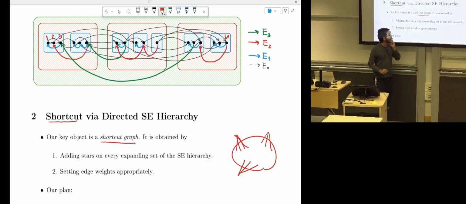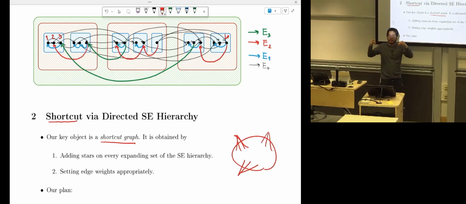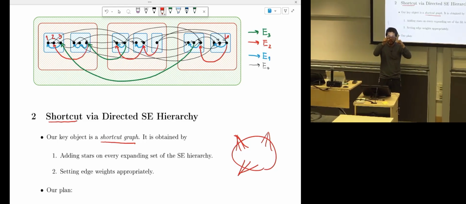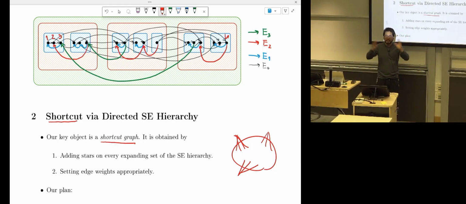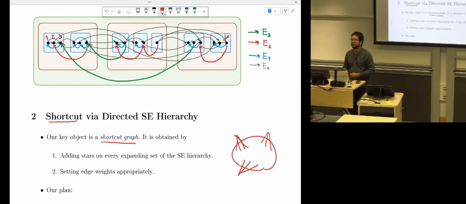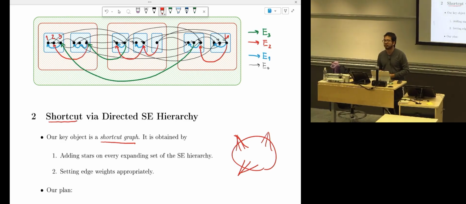And not just adding stars, I'm also going to set the edge weights. In the beginning, there are no edge weights. This is a graph for computing flow, so there is just capacity, and then I'm going to assign some edge weights. Wait, so sorry, the out neighbors of the center of each star is like one cluster in the SE hierarchy?